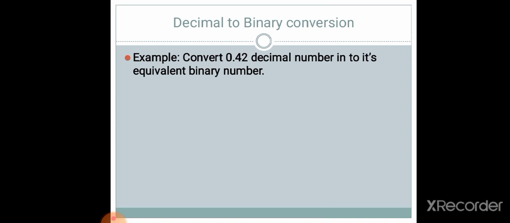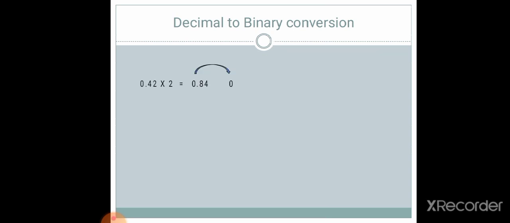Now example is given, convert 0.42 decimal number into its equivalent binary number. So what we'll do, we'll do multiplication with 2. Why we are taking number 2, all of you know now, because we are converting the number into binary number system and the base of binary number system is 2.